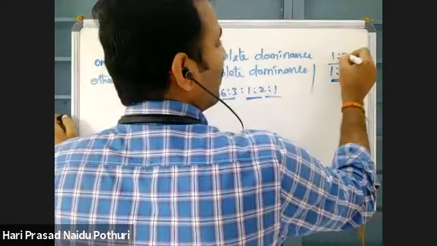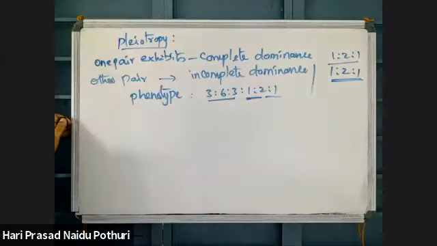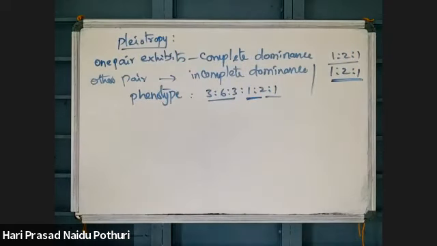Both genotype and phenotype ratios are 1:2:1, like incomplete dominance.